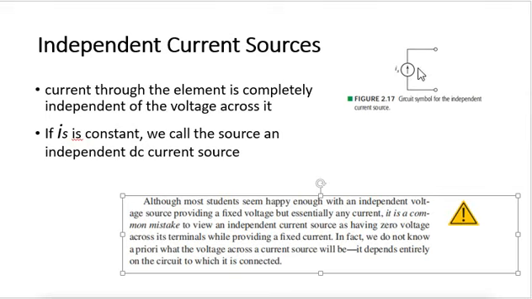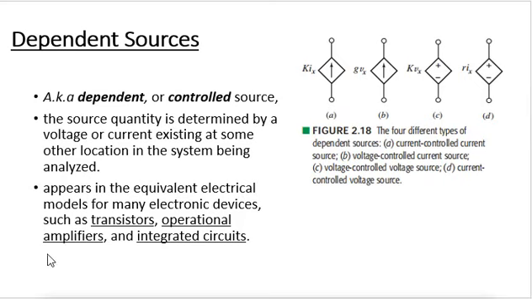But please don't forget that although this is independent current source, whatever is the voltage, constant pa rin yung current na binibigay niya. Please do not be confused, ha? Do not make the mistake, kasi it's a very common mistake, na ito ay mayroon pa rin current, although the voltage is 0 across it.